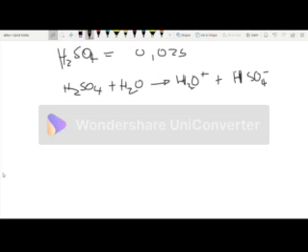I'm trying to think about it. Yes, we have to add water. So yeah, basically this is where I was wrong. We're not going to have another hydrogen this side. It's just gonna be your sulfate, SO4 minus. So yeah, basically we're going to have a 2 here.